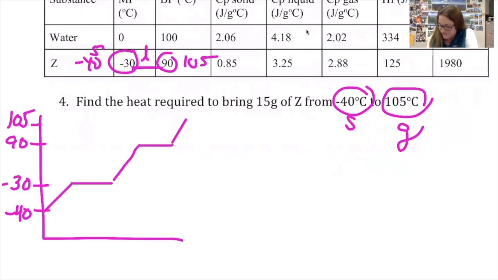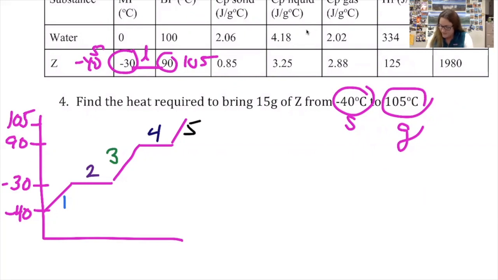So this is going to have 5 distinct phases. So I'm going to need to calculate 5 separate Qs.